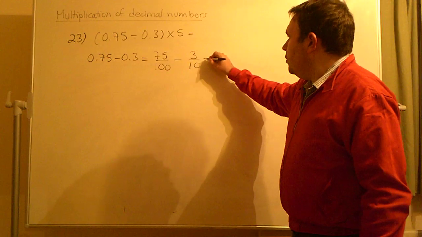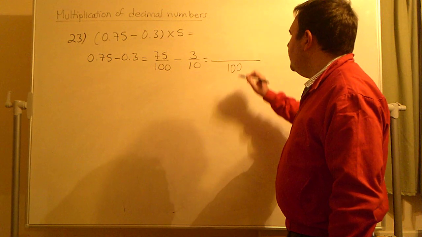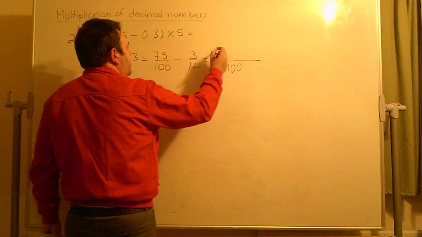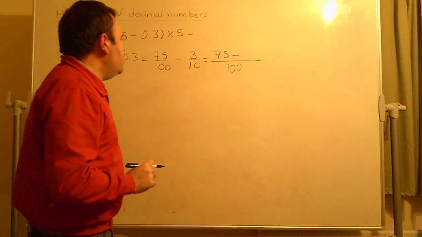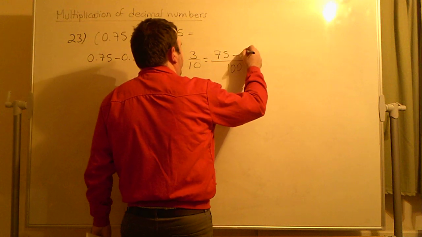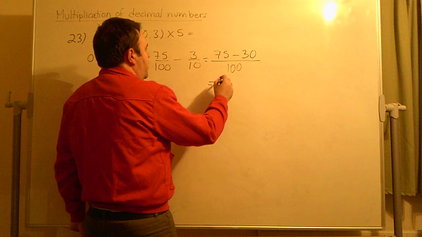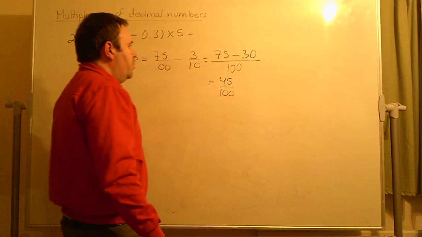So the least common multiple in this case would be 100. So 100 divided by 100 is 1 times 75, 75 minus 100 divided by 10 is 10 times 3, 30. So this would be 45 divided by 100.